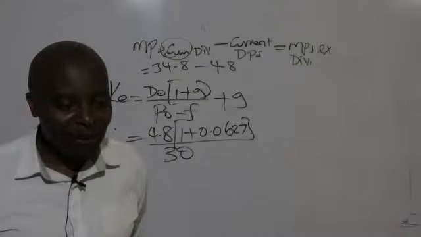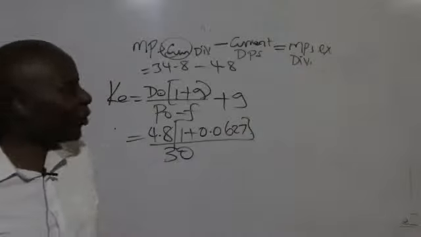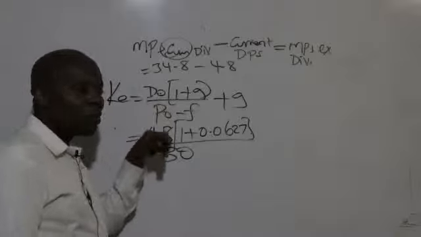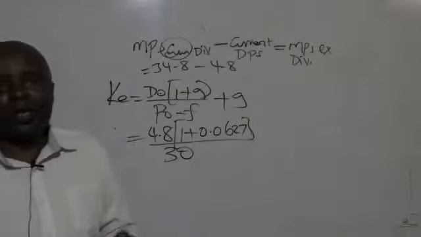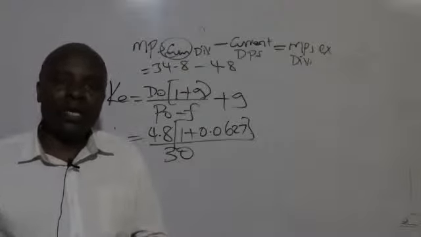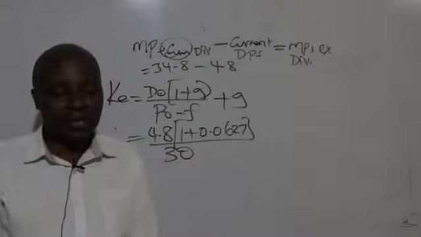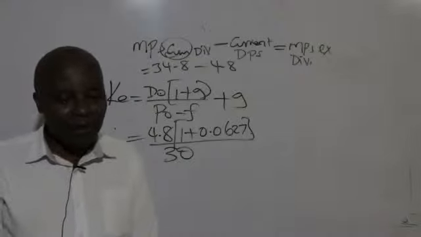No, D0 is not the oldest. D0 is the most current. The 0 means today. Time zero is today, not the oldest. Are we together up to there?